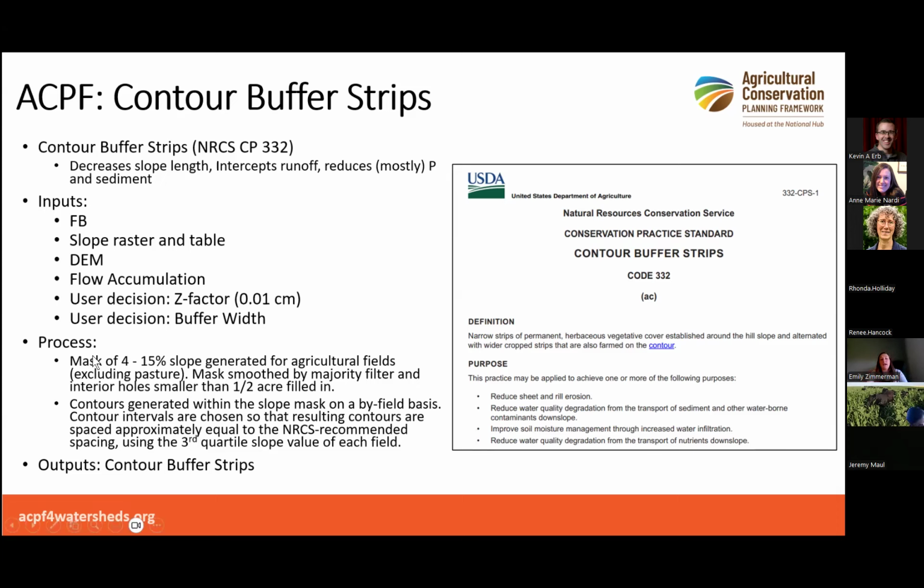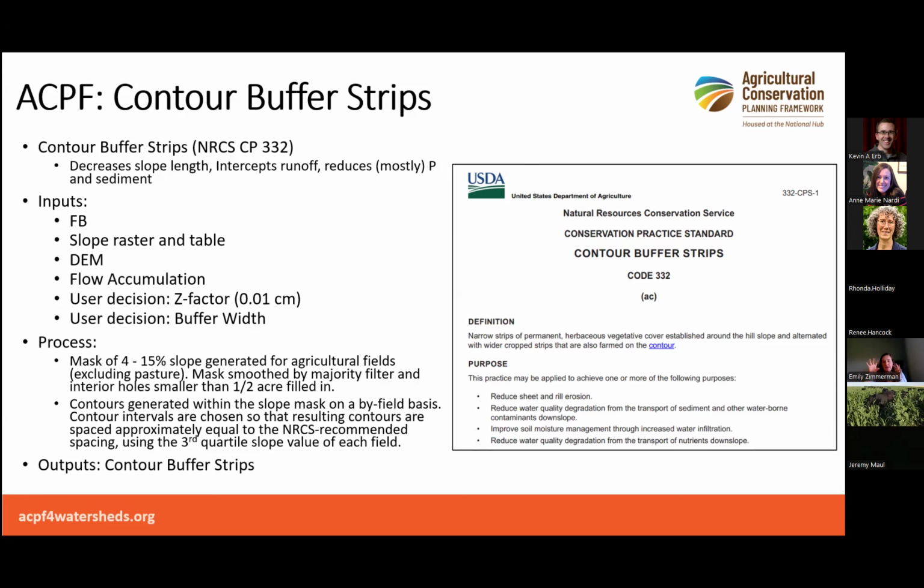So the general process is going to reflect the NRCS conservation practice standard. In that watershed, we identify areas of the watershed that are in agriculture. So in this case, row crops that have a slope of between 4 and 15%.